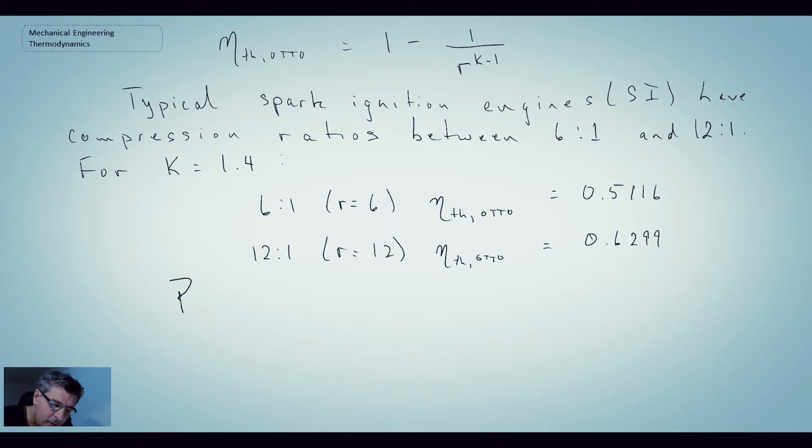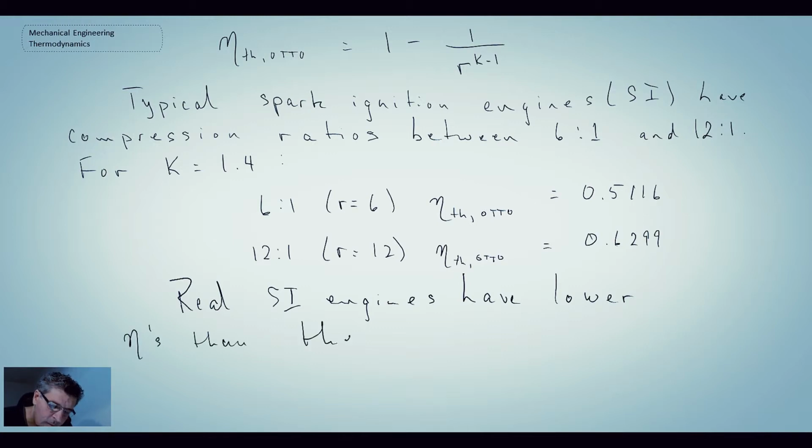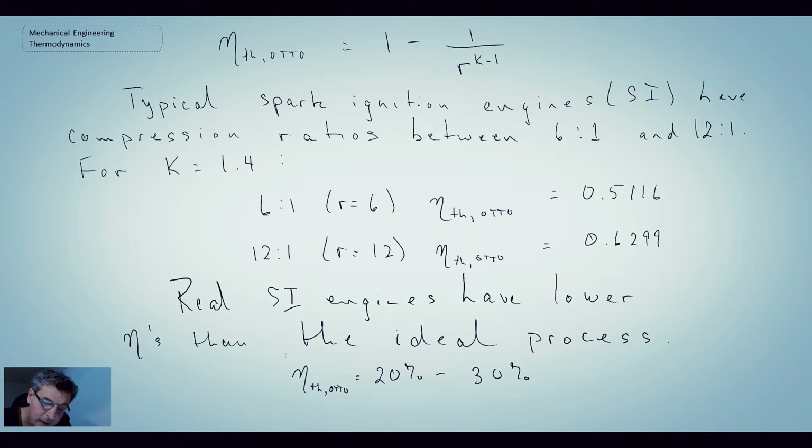And in reality, real SI engines have lower thermal efficiencies. So typically in reality we're somewhere between 20% to 30% depending upon the design, and this would be for Otto. It'd be more in that kind of range is what you would normally find with an engine.